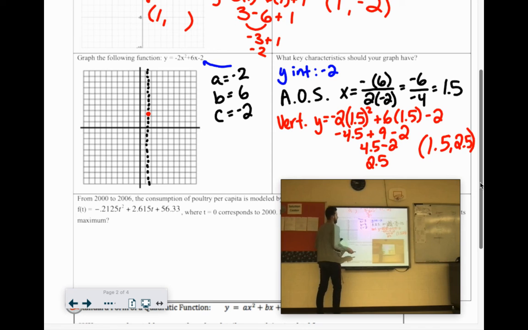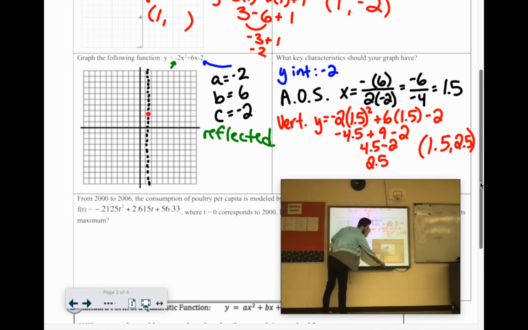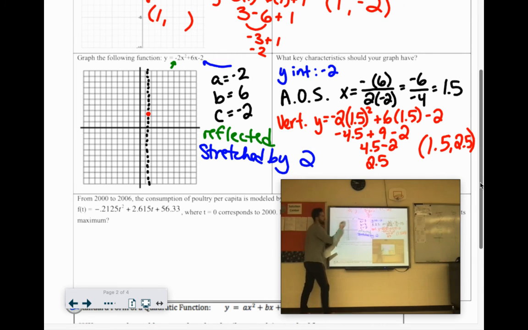There's our vertex. What else can we see? It's reflected, because it's -a. It's also stretched by a factor of 2. Now, if we know the y-intercept is at -2, it's right down here, we can reflect that point using the axis of symmetry.